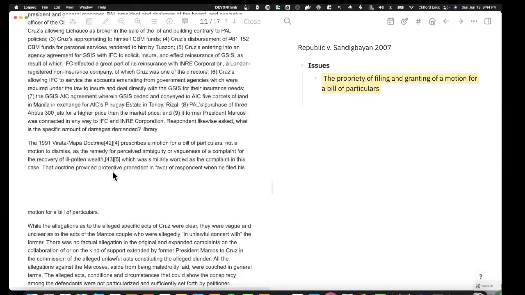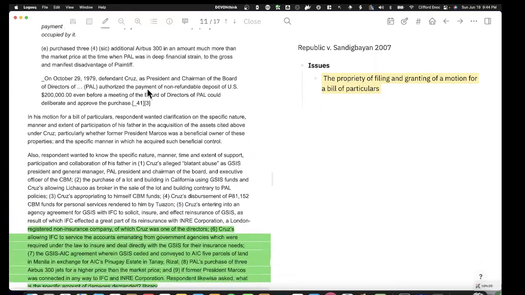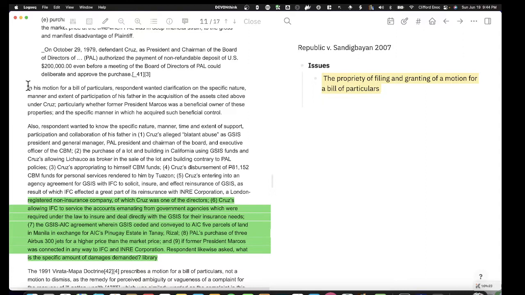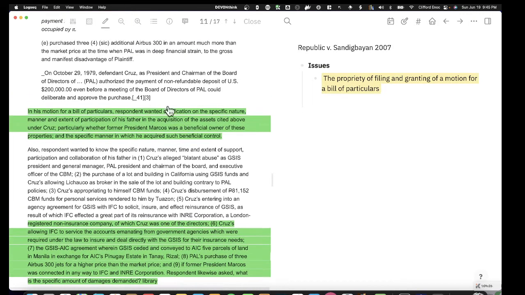Ito na yung last time. Is motion of bill of particulars.